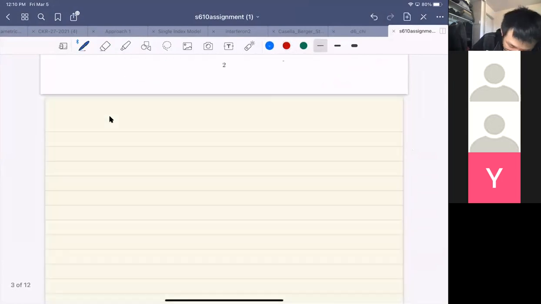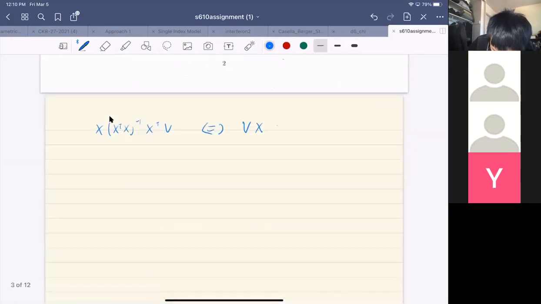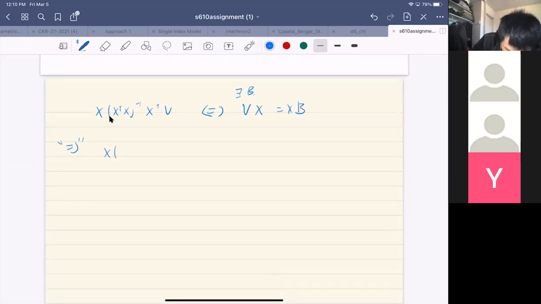So we have the Vx. This way is much easier, because we know that this is equal to V because that is symmetric.